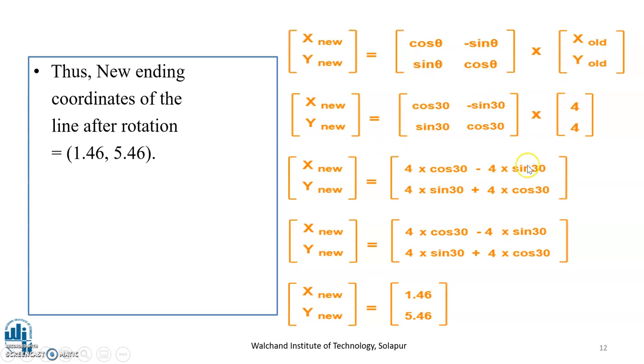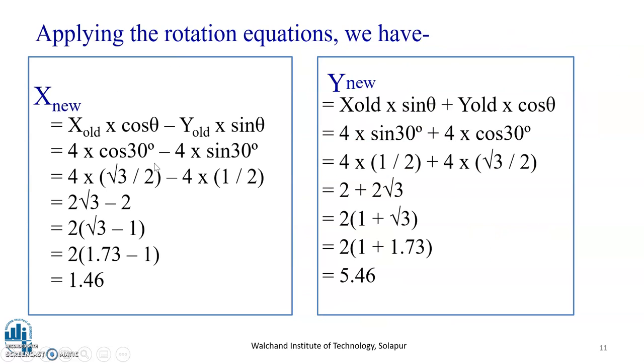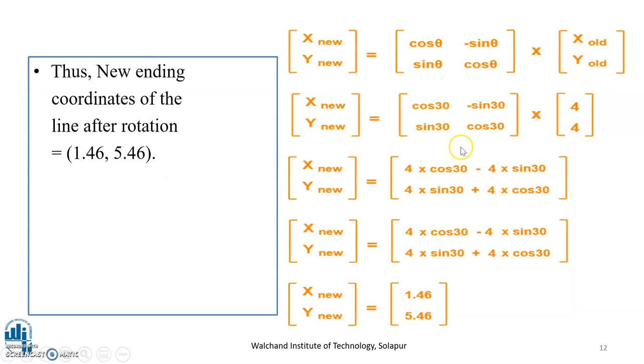On expanding, we get the same thing, that is the new ending coordinates of the line after rotation are 1.46, 5.46. So in the previous method, we simplified stepwise by solving and putting values. Here we have used the matrix representation to get the answer. Therefore, we have obtained x new is equal to 1.46 and y new is equal to 5.46.